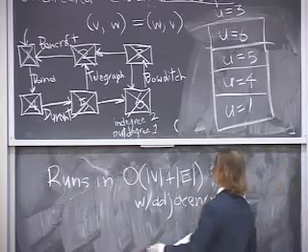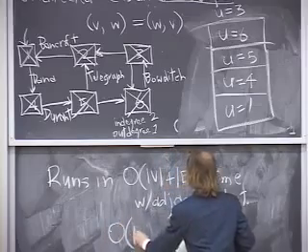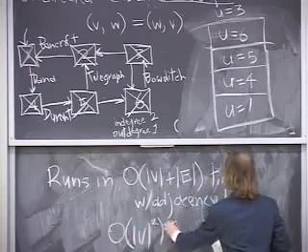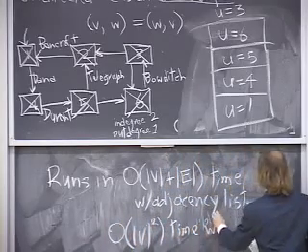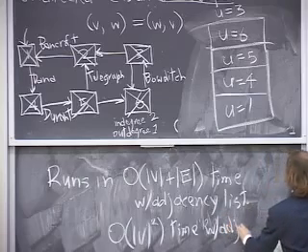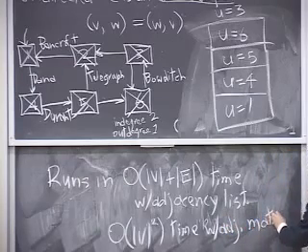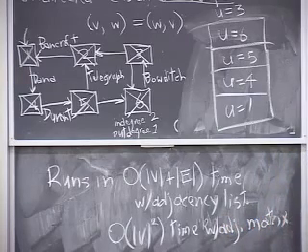But if you use an adjacency matrix, then it runs in V squared time. Because that's how long it takes just to check every edge in the adjacency matrix to see if it exists or not. And you have to do that to find all of the edges going out of each vertex.